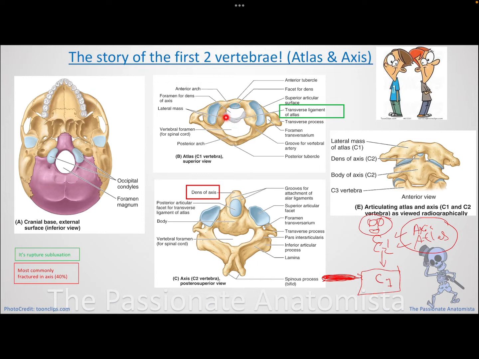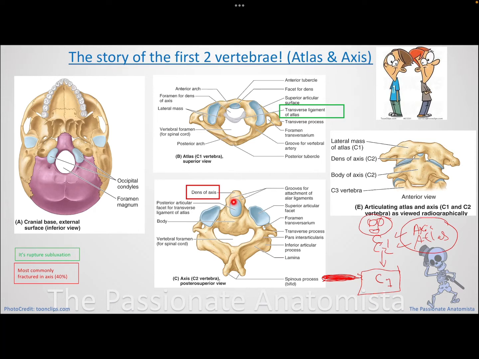This transverse ligament is very important, and if we have a fracture in that, that will cause subluxation. It's a very serious condition. All right. So this is a very important ligament, and it comes frequently in examinations. For the axis, we also have the odontoid process.